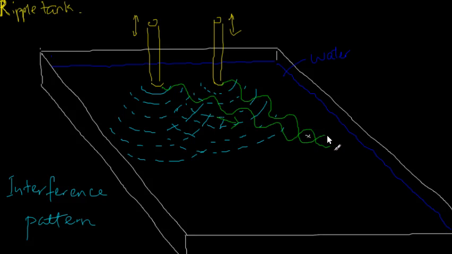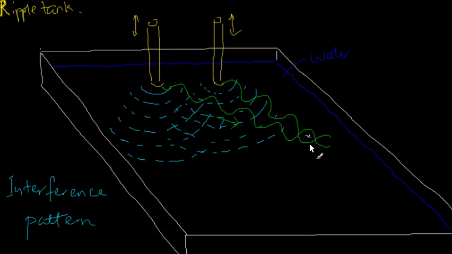It is possible, for example, that it is the trough of one wave that meets the peak of the other wave. So whereas the peak from that wave wants to give a displacement upwards, the trough from that other wave would have a displacement downwards.